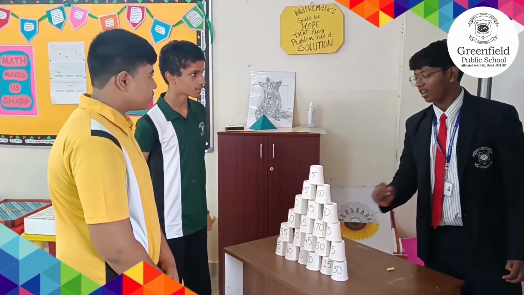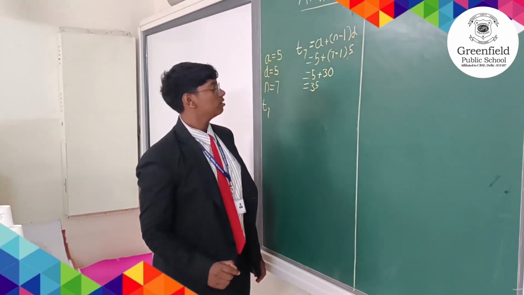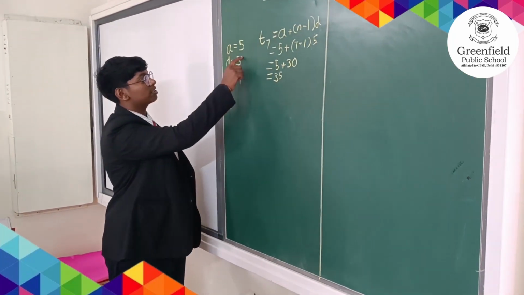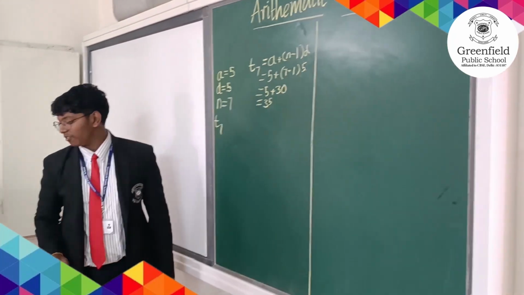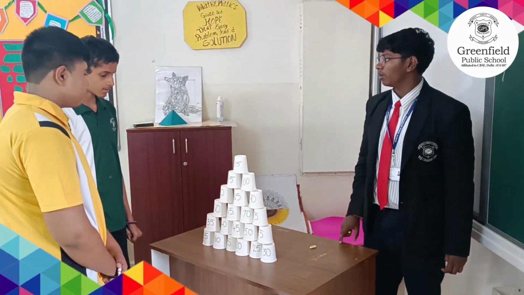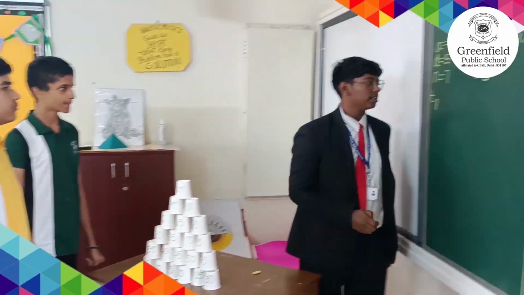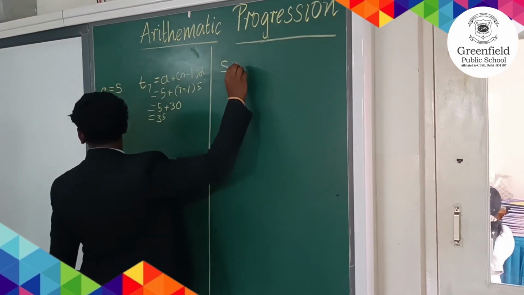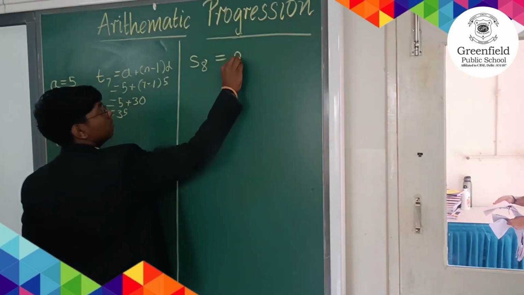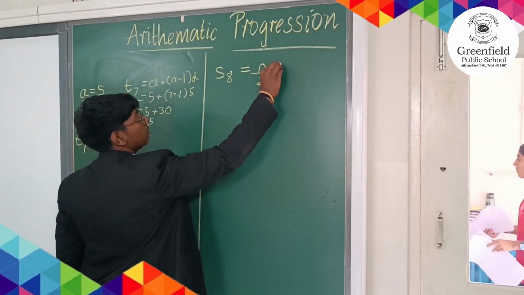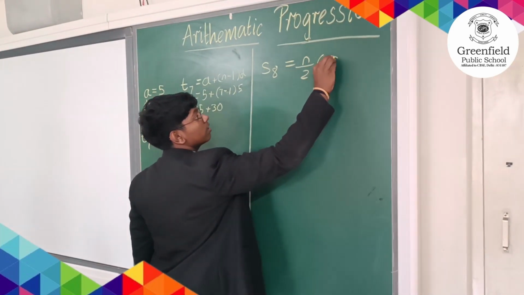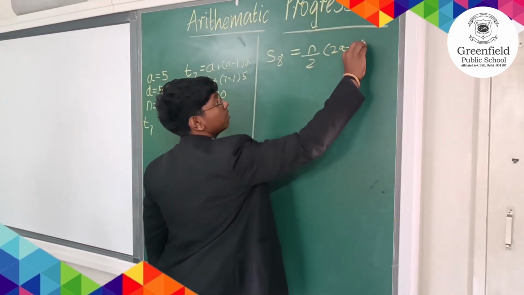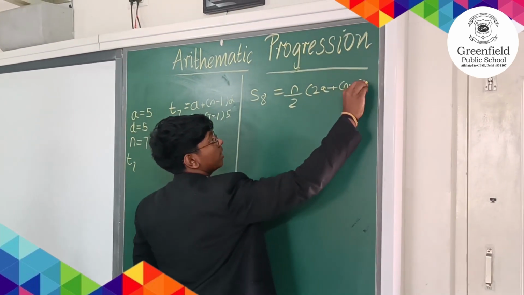Yes, there is a formula to find the sum of the number of the cups. As you know, the first cup is a and the difference is 5. Now tell me, how many cups do you want to find the sum for? 8. So we'll take the sum of 8 cups. The formula for that is n by 2 into 2a plus n minus 1 times d.